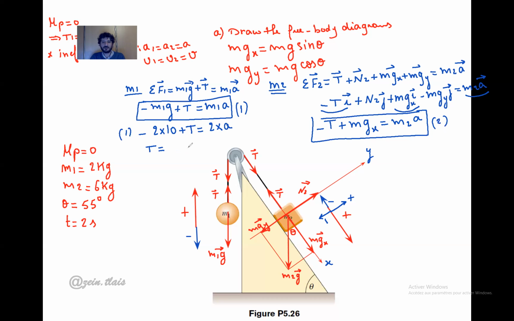We can say here T minus 2A equal to 20. Okay, this is the first equation. This is equation 1.